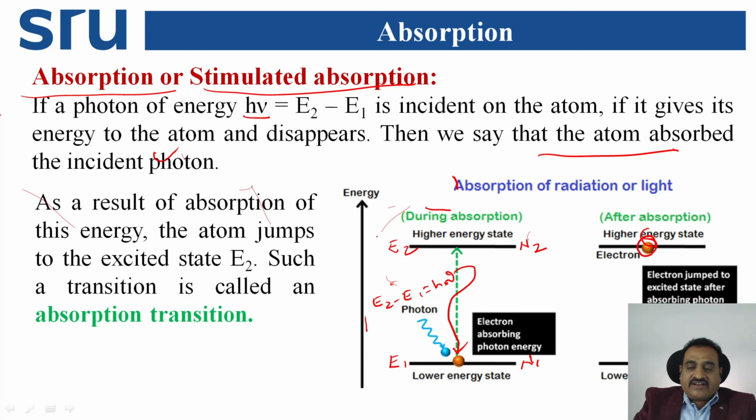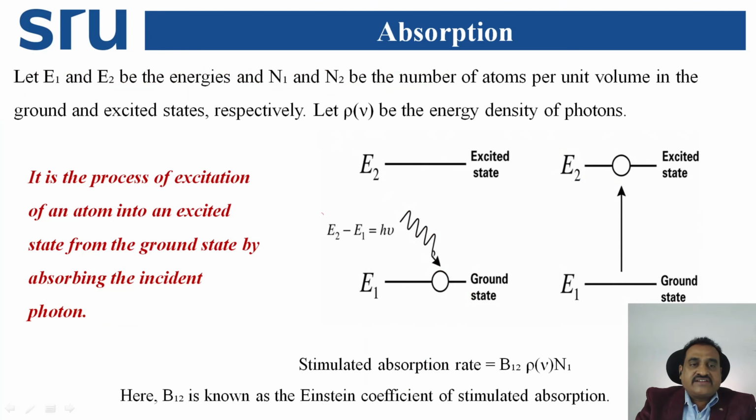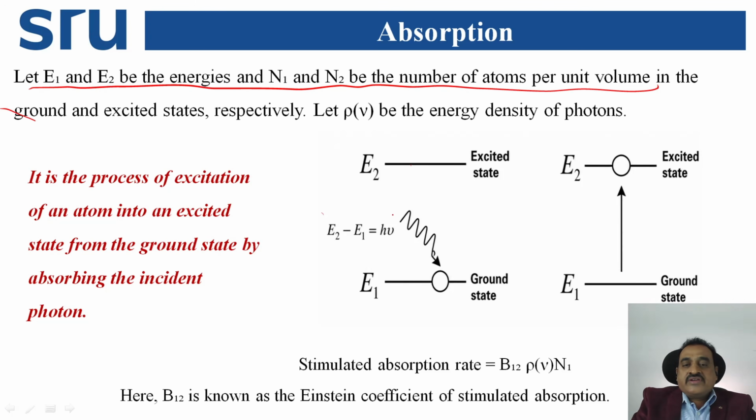Let us consider, let E1 and E2 be the energies, and N1 and N2 be the number of atoms per unit volume. E1 is the lower energy state, E2 is the higher energy state.